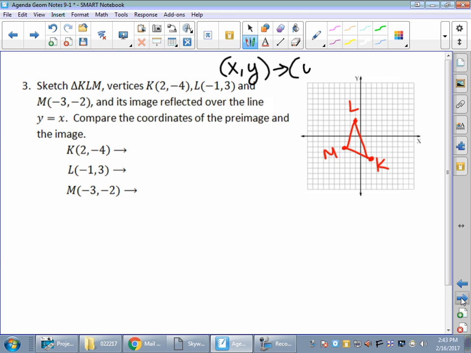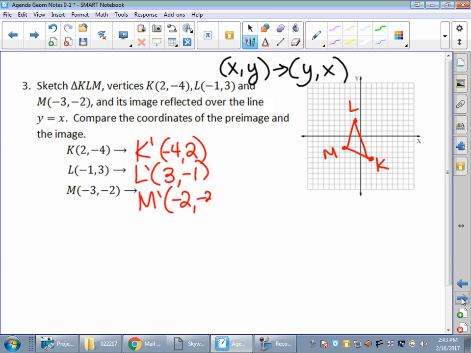The rule for y equals x: ordered pair becomes yx. So my K prime should be at -4, 2. My L prime should be at 3, -1. And my M prime, -2, -3. Hopefully you've all picked up on the idea when I write it out this way.